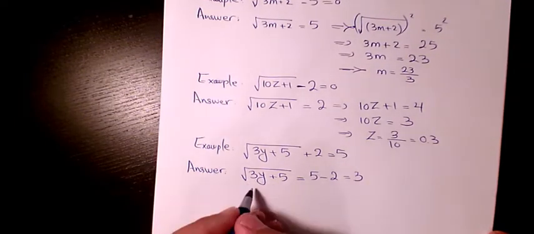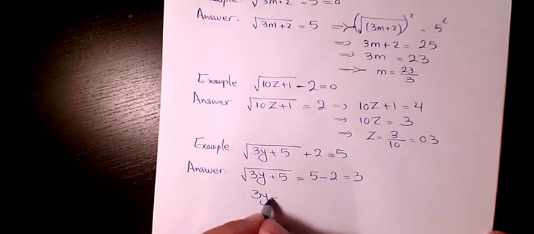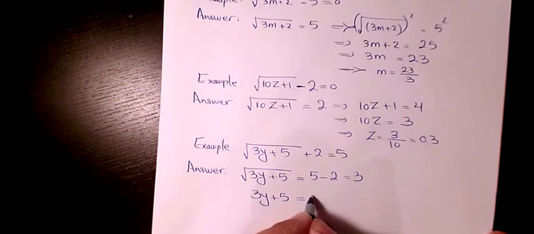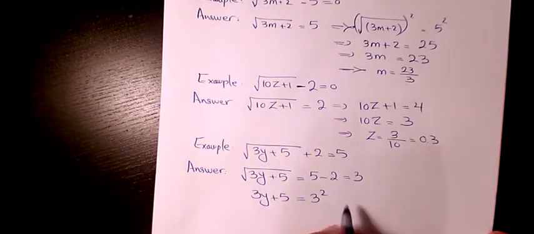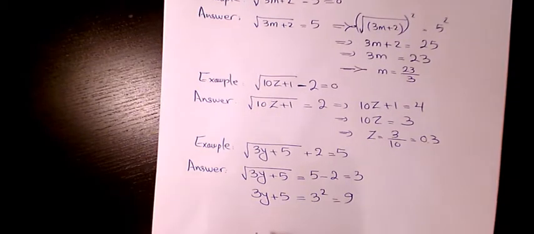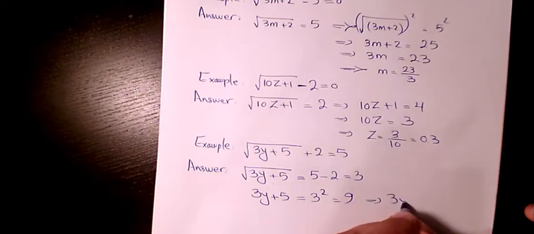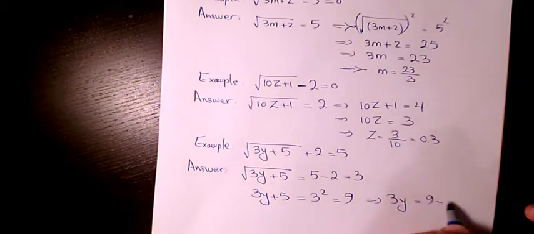Then we square both sides. It's going to be 3y plus 5 equals to 3 squared, because when we square this part, it's going to cancel the square root, which is going to be 9. And then we have 3y equals to 9 minus 5, which is going to be 3y equals to 4, and y will be 4 over 3.